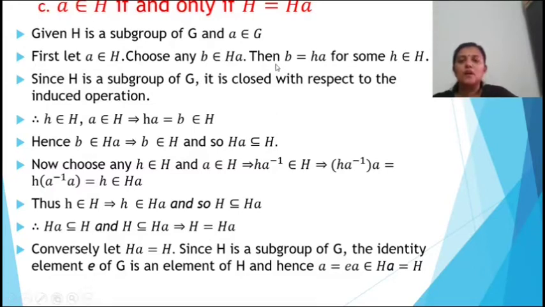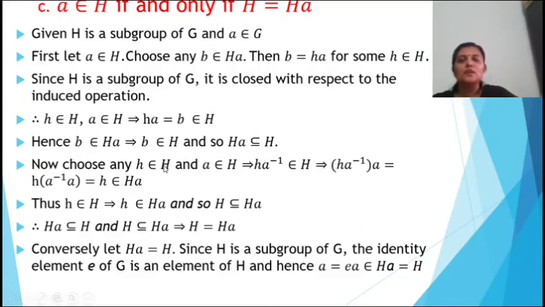So our two terms h and a, h element of H and a element of H implies ha equal to b element of H. So b element of Ha implies b element of H. So Ha is contained in H.